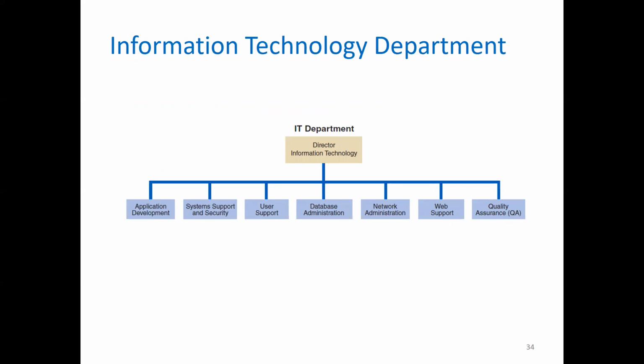In an organization, especially in the information technology department, these are some of the very common personnel involved. The person leading the team is the IT department director, or director ICT, information technology. The personnel who report to the director IT are the application development team, the system support and security team, user support team, database administration team, network administration team, web support, and quality assurance team.